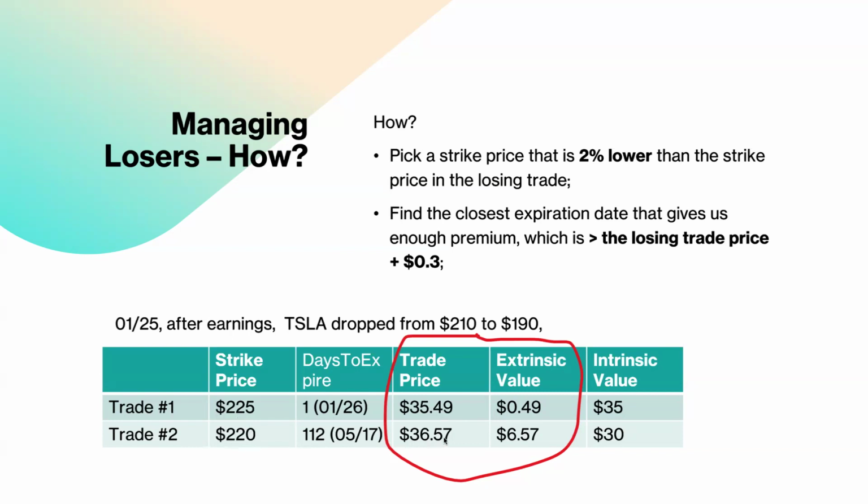The trade price needs to be higher than 35.49. We find that when we push to May 17th, the trade price will give us 36.57. At this point, the extrinsic value is $6.57 because the intrinsic value is $30.